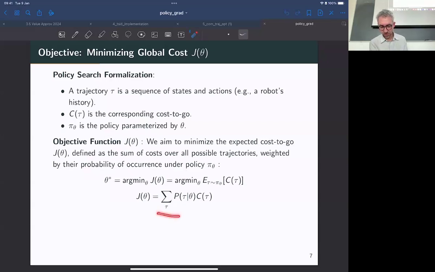And we can imagine approximating this expectation, if we had a finite number of possible trajectories, with a summation, where what we are trying to optimize is the cost associated to each trajectory times the probability of that trajectory under policy pi theta.